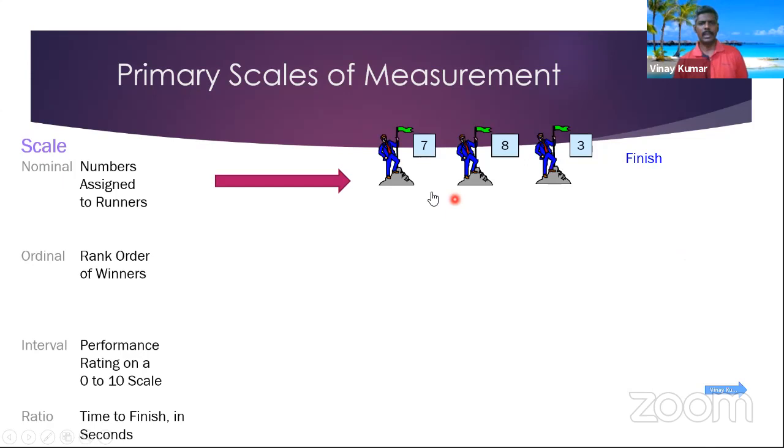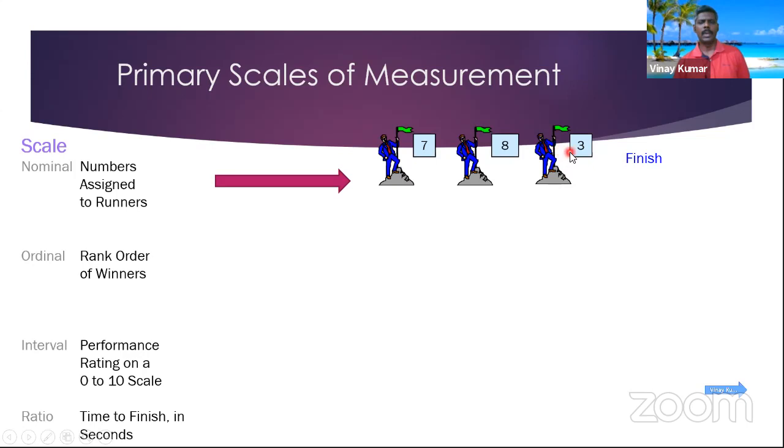Now here you can see there are three athletes who have numbers assigned to them: number 7 here, number 8, and number 3. These numbers are assigned to these athletes to identify them. That's the only utility of the nominal scale. So here the researcher is assigning numbers to each athlete to identify them.